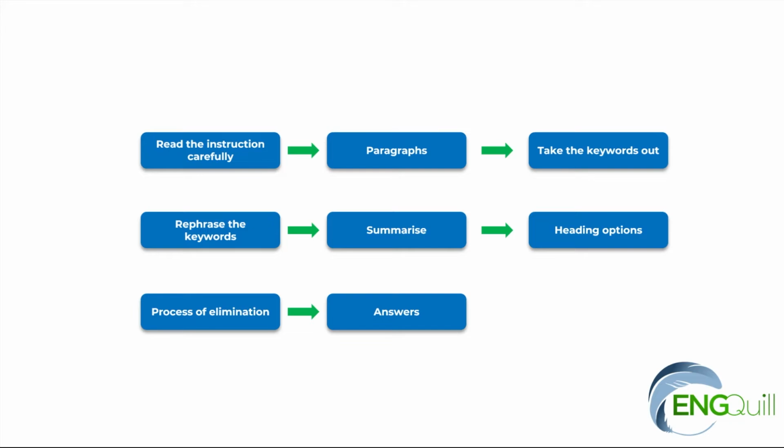So very important steps what we are going to follow here, or rather the reading technique that you are going to follow here is skimming, rephrasing and summarizing. Now after summarizing, and then you go to the heading option, another important step is the process of elimination.